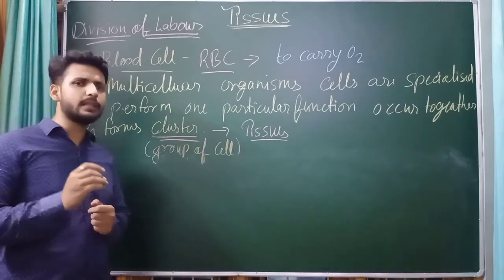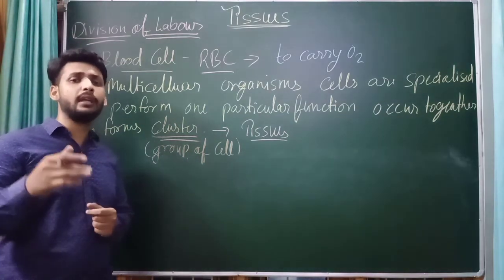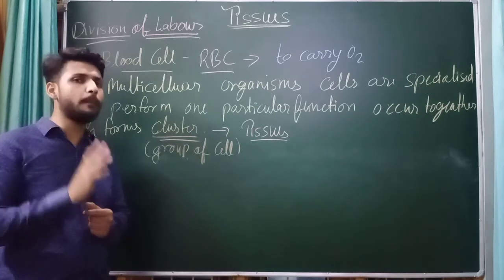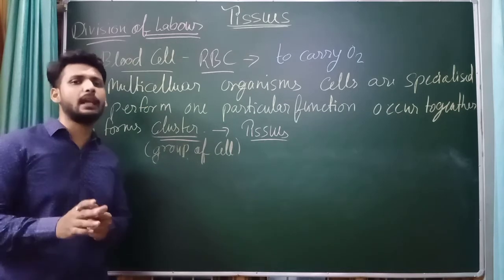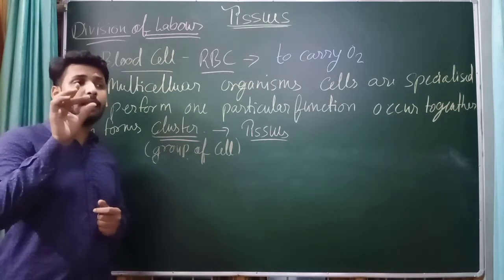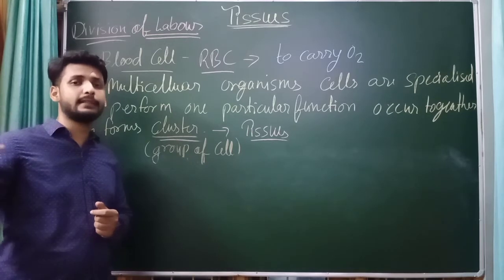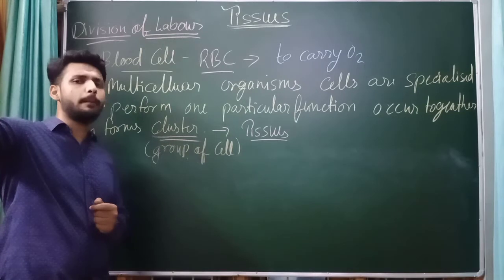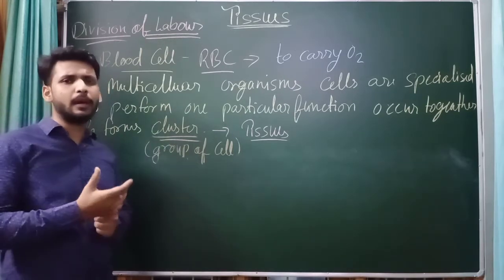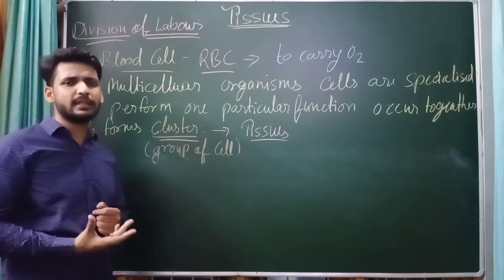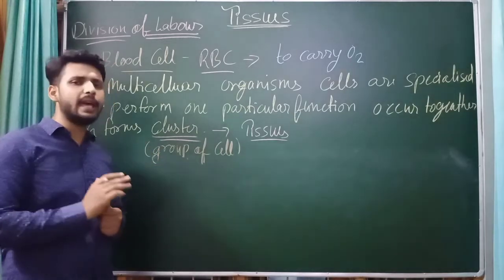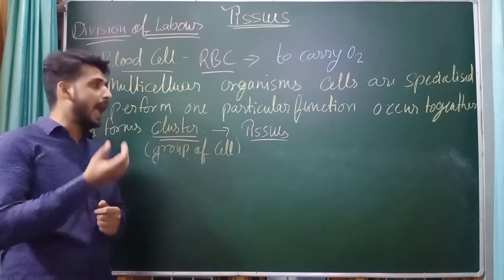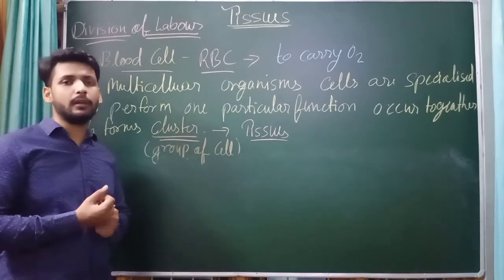There might be some tissues which have different shapes, for example complex tissue like xylem. Xylem vessels, xylem tracheids, xylem fibers all have different shapes, but those are complex ones. Now generally we are talking about the common or simple tissue. So generally they have common origin, common shape, and perform one particular function.